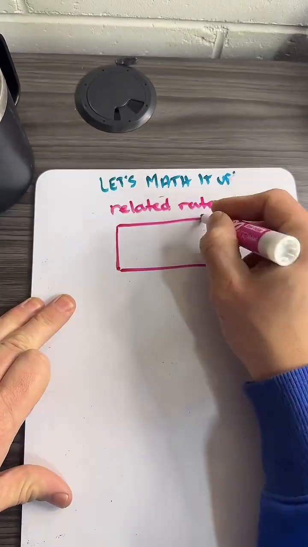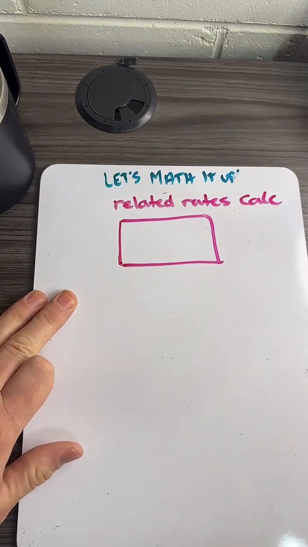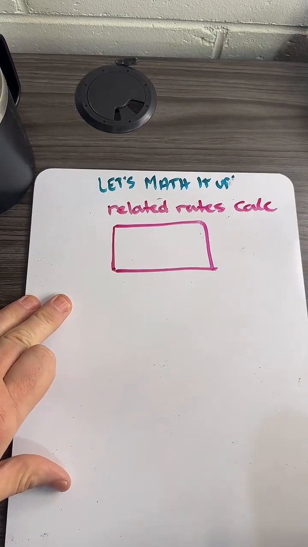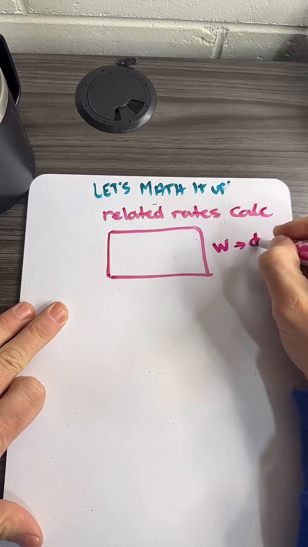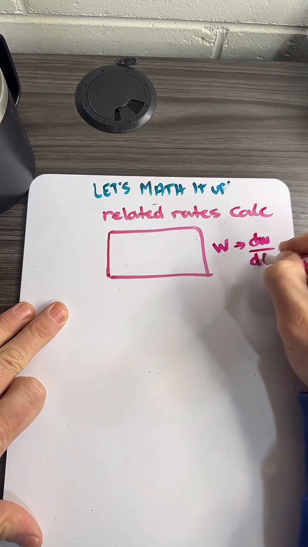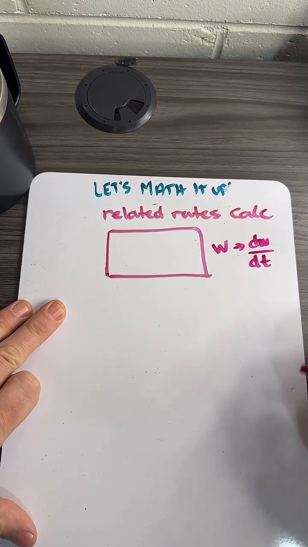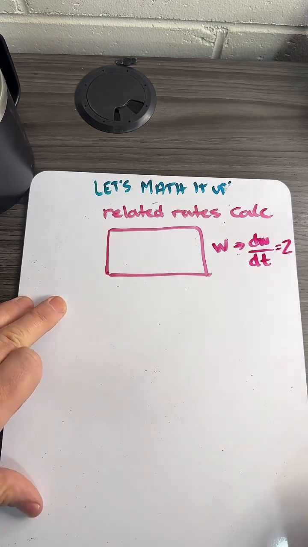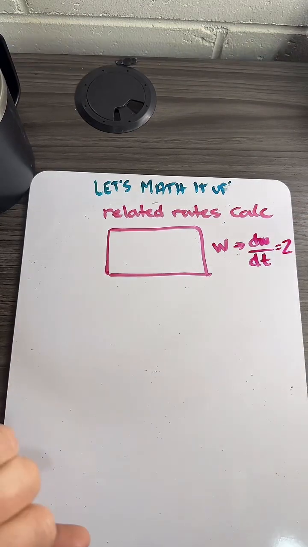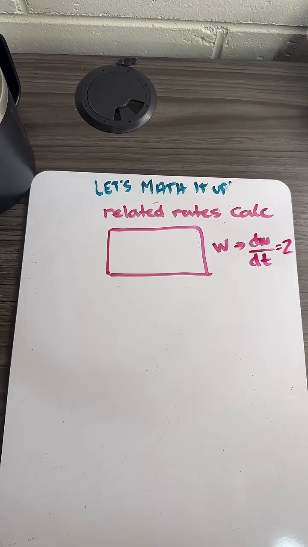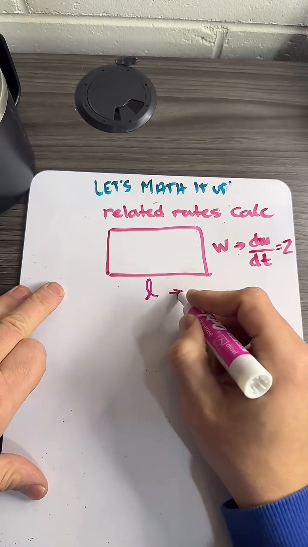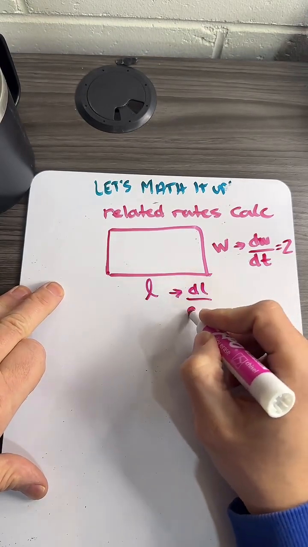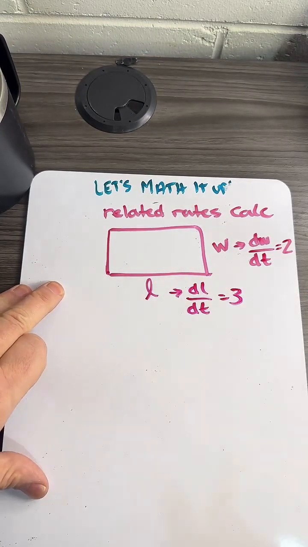So, the width of a rectangle is increasing at a rate of 2 centimeters per second. So, my width is increasing. So dW/dt, which is the rate at which my width is changing with regards to time, is 2, it says, and its length is increasing at a rate of 3 centimeters per second. So length is increasing at 3 centimeters per second.